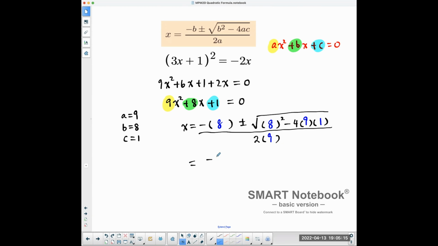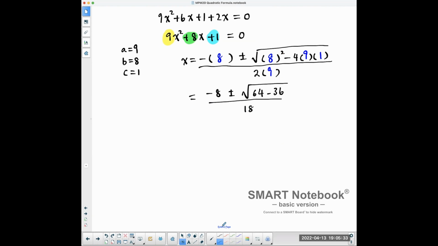So you're going to get negative 8 plus or minus the square root of 64 minus 36, all divided by 18. So this is negative 8 plus or minus the square root of 28 divided by 18.